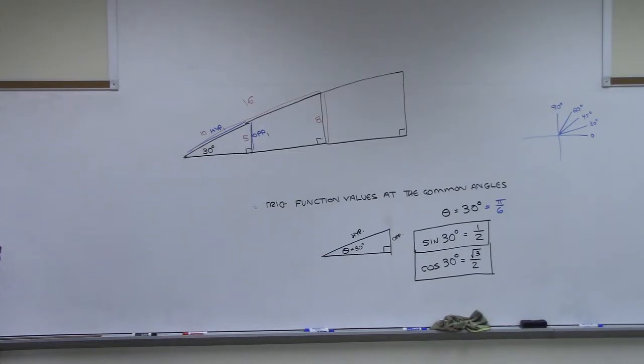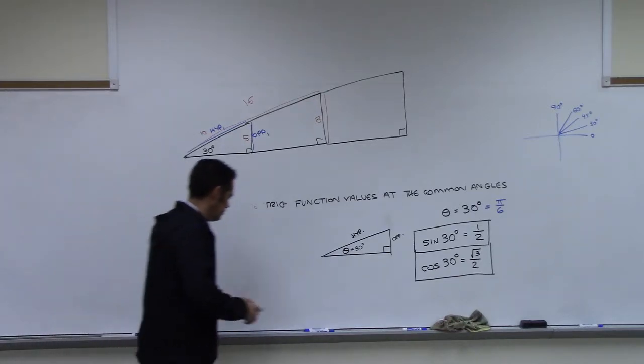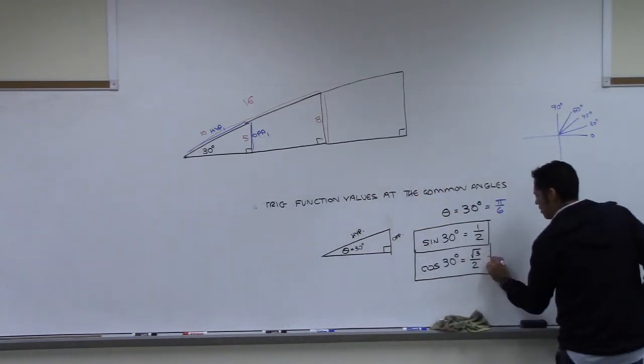That's a little bit harder to understand. So someone on their calculator real quick, take the square root of 3 and divide it by 2 and tell me what number you get. 0.866. Okay, so this is approximately 0.866.